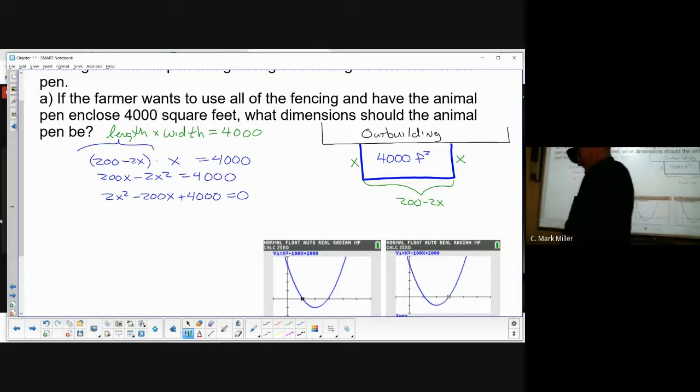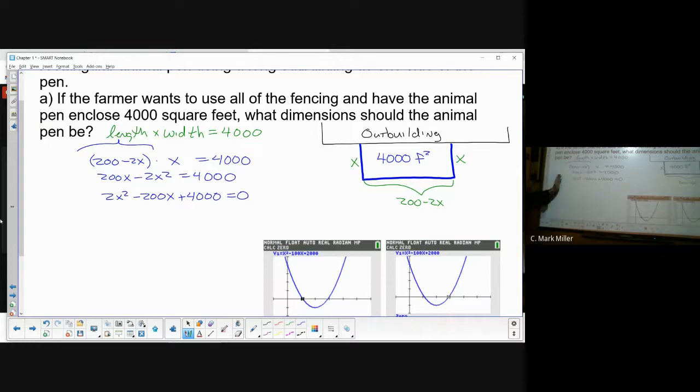No. Was it? Okay. So we're lazy, so we're going to cancel stuff. We like smaller numbers when we can have them, right? So this is the same as x squared minus 100x plus 2,000 equals 0. We divide it by 2.